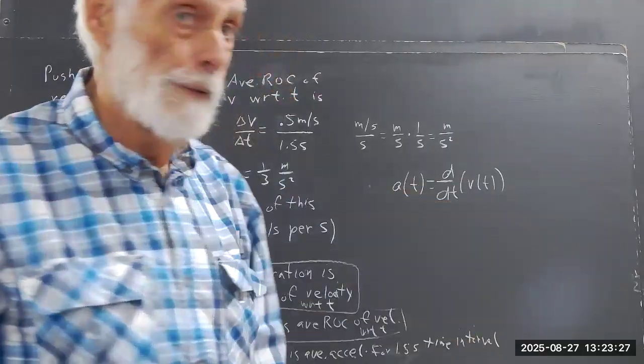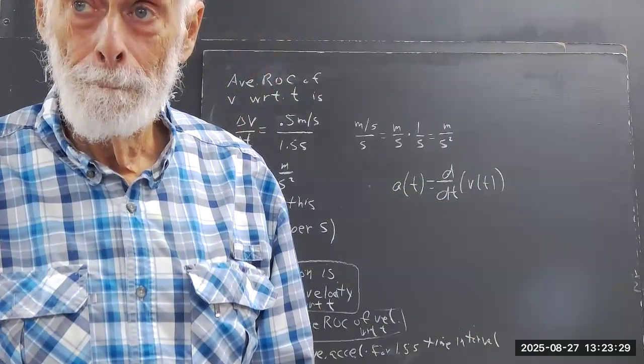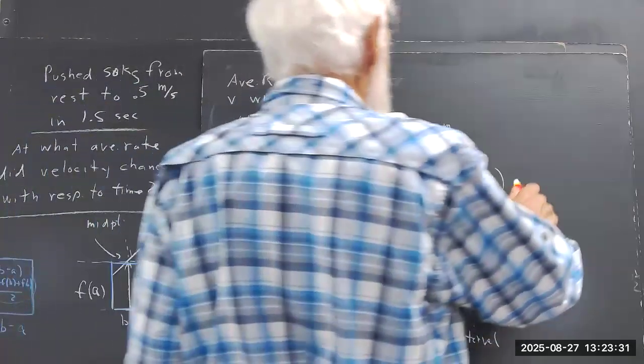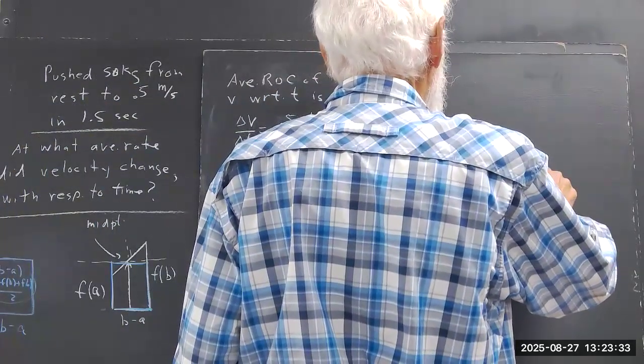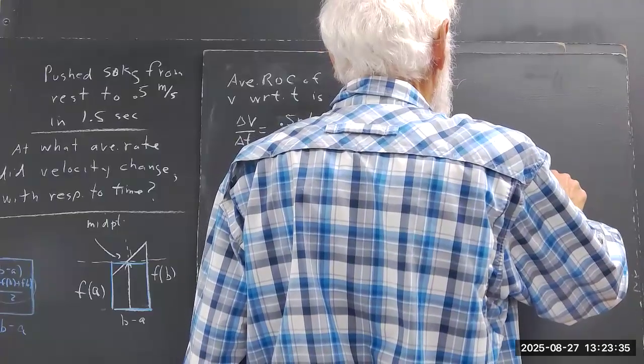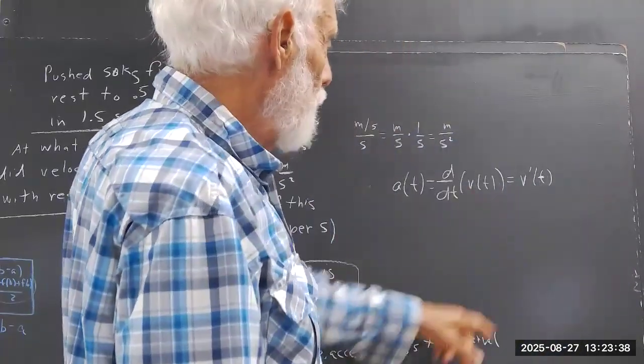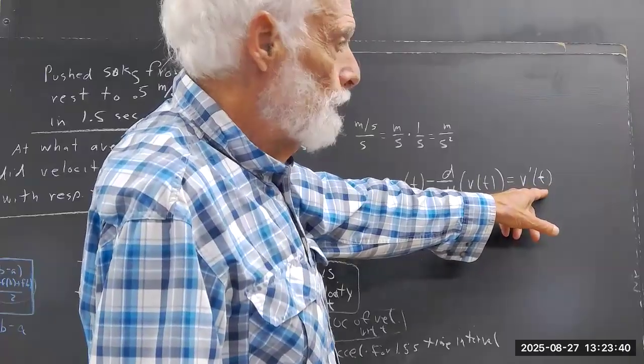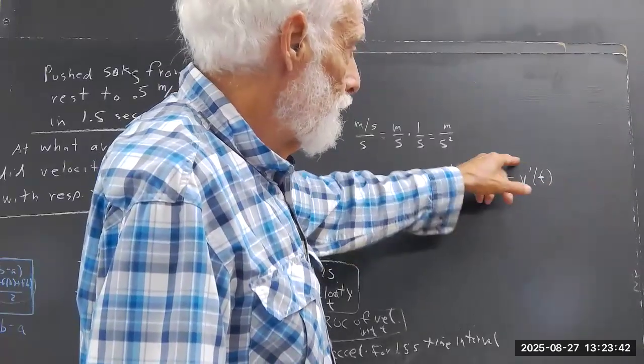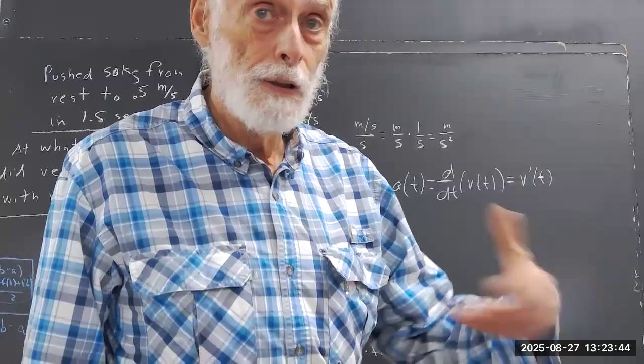That's just the time derivative of velocity, right? And if we understand that t is the variable, we could write that as v prime of t. If I write v prime of t, implicitly, t is the variable with which we're taking the derivative.